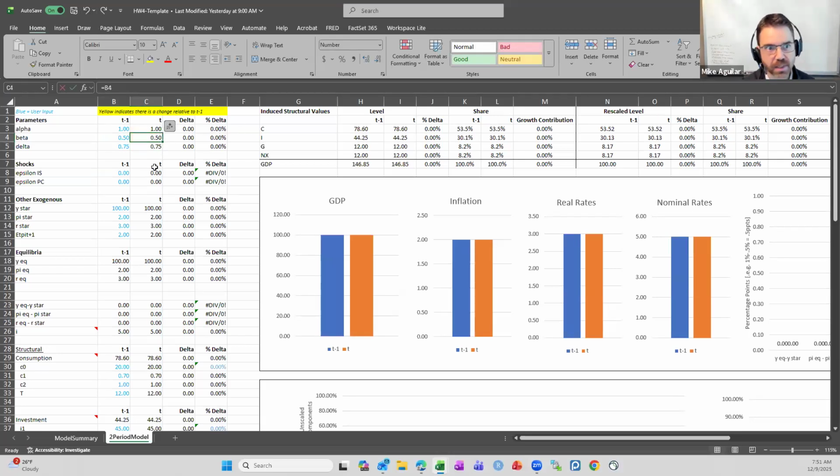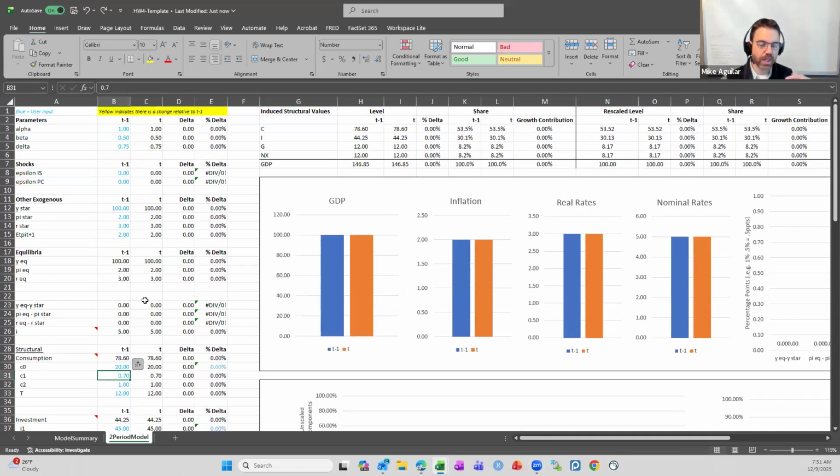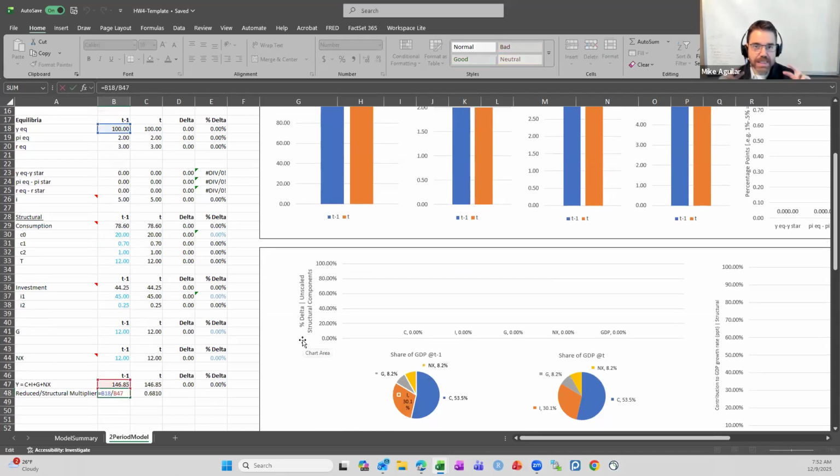That's just to indicate that something is different. We got the parameter shocks, exogenous equilibria. I'm a nice guy. I gave you all those formulas already. Star variables, and then a bunch of structural parameters. So what we have up top is reduced form. What we have on the bottom are some structural aspects. And then what we do over here is we scale.